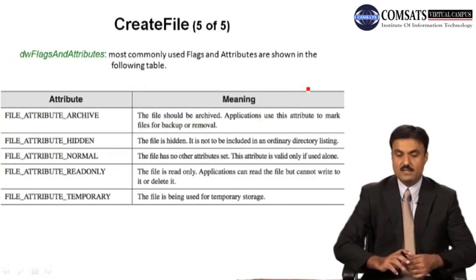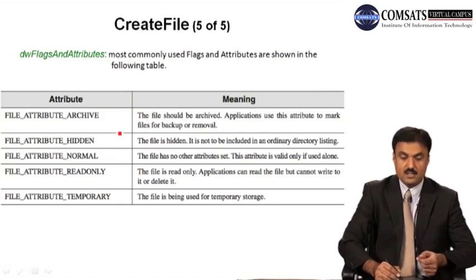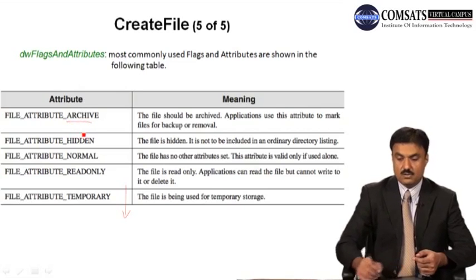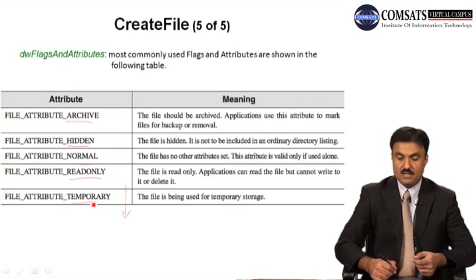Now here we have the flags and attributes. These are the most commonly used flags and attributes, which are shown in the following table. This is not the complete list, there are still many other attributes. So we can have the archive attribute, then we have hidden file, normal file, read only, temporary file, and so on.